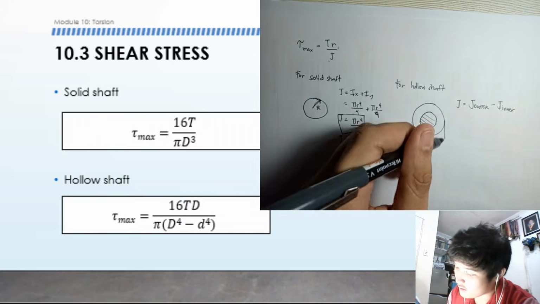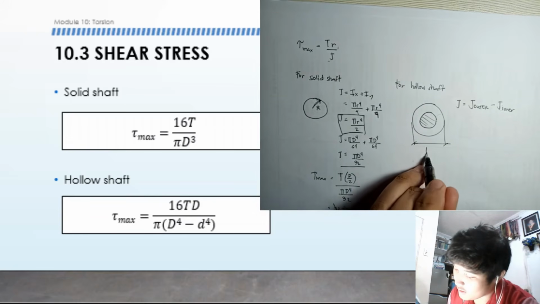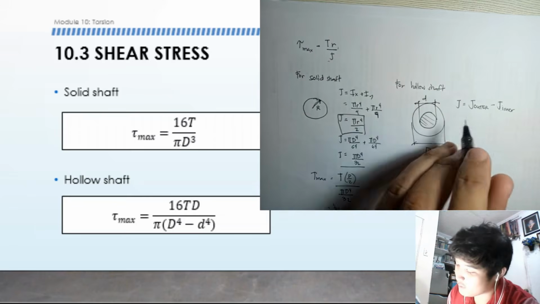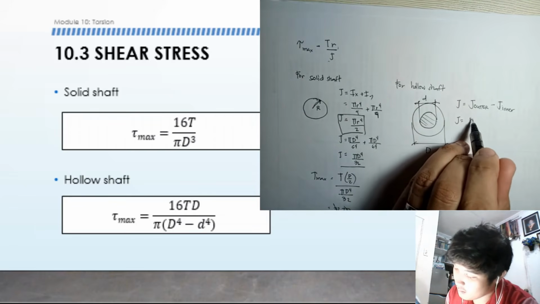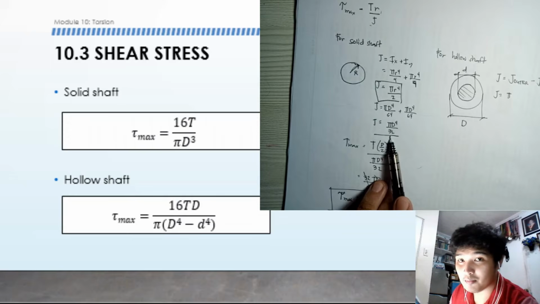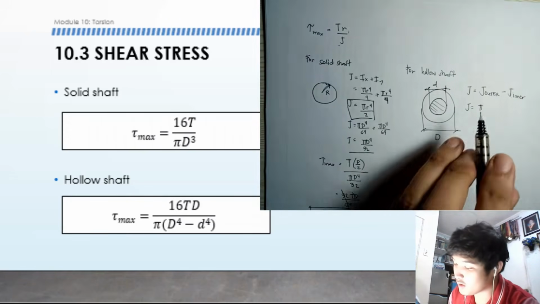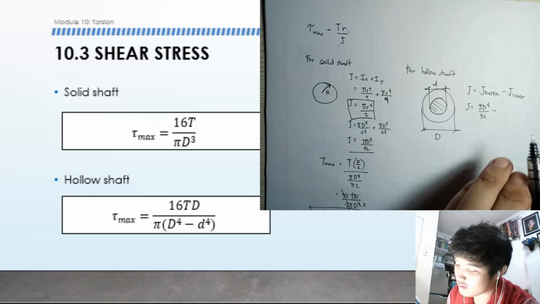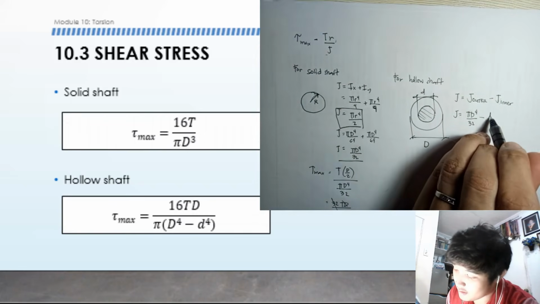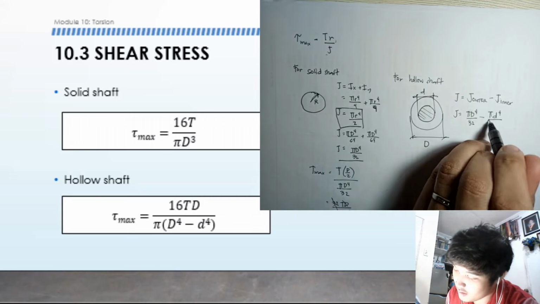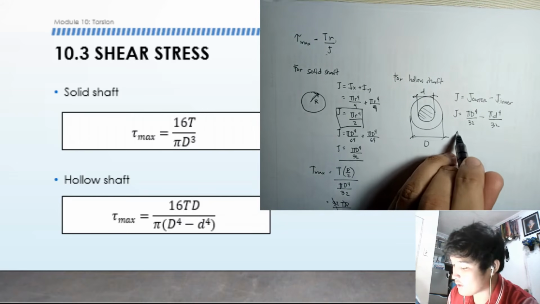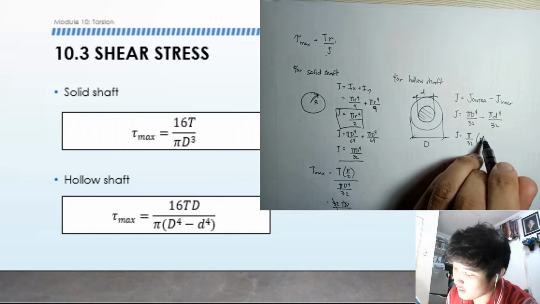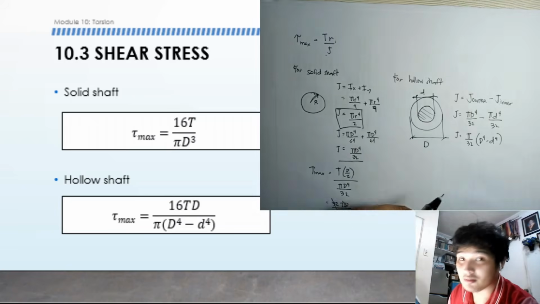Okay, so, represent natin to as capital D. Ito is small d. Okay, so magiging yung J niya is, di ba yung J general is ito, pi d raised to 4 over 32. So magiging yung outer, pi D raised to 4 over 32. And then minus yung J ng inner is pi small d naman over 32. So pwedeng yung J magiging pi over 32 and then D raised to 4 minus d raised to 4.